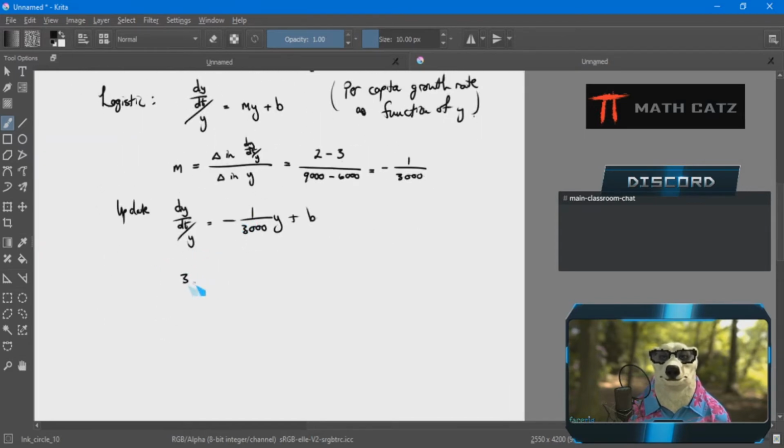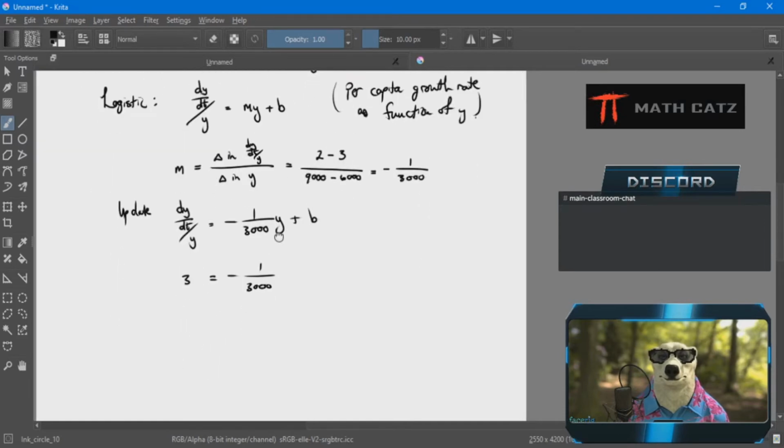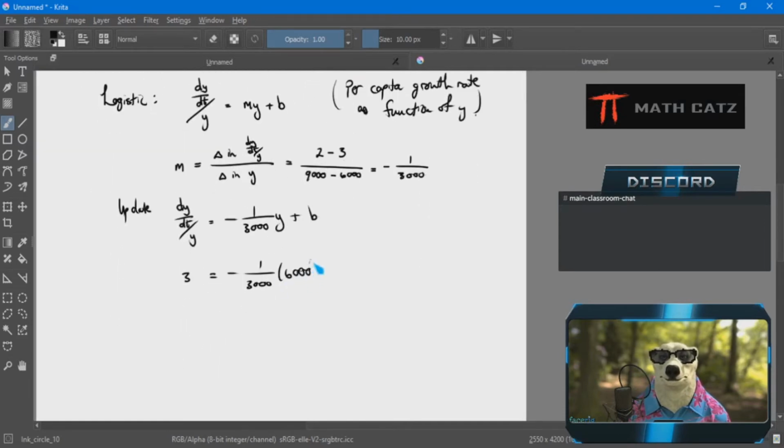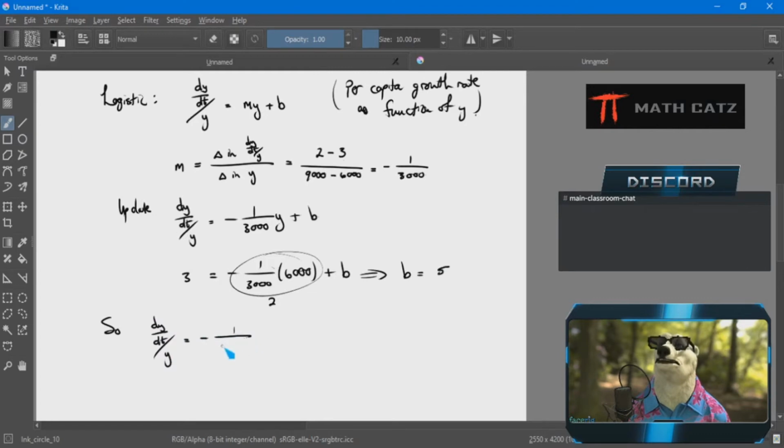Plug that in, so 3 equals negative 1 over 3,000, no, it was 6,000, sorry, 6,000 for y, plus b. So this then just simply becomes a 2, and b becomes a 5. So finally, we get our per capita growth rate as negative 1 over 3,000 y plus 5.